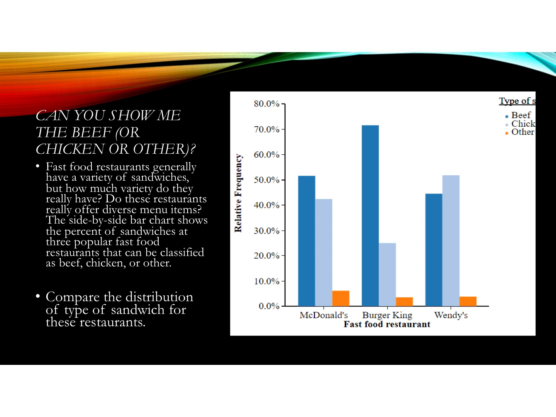For chicken, Wendy's has the highest, which is actually higher than their beef. McDonald's is the middle, and Burger King is the last. And it looks like for the other, they're about the same for Burger King and Wendy's, but it looks like McDonald's has the most, right? And again, Wendy's is the only one that has more chicken than beef. Any of those statements are okay.